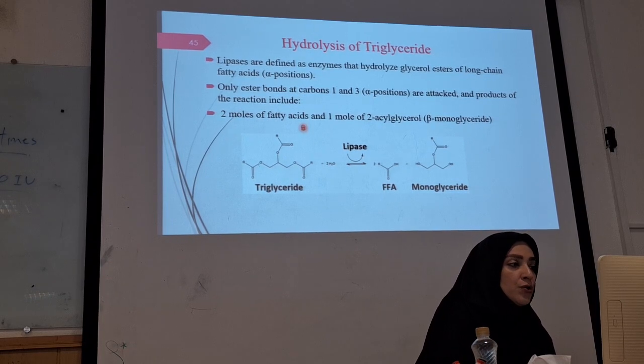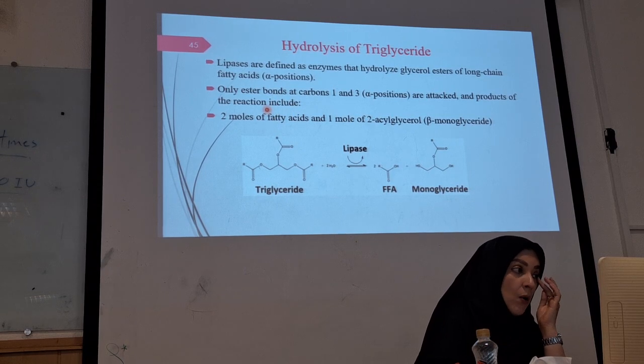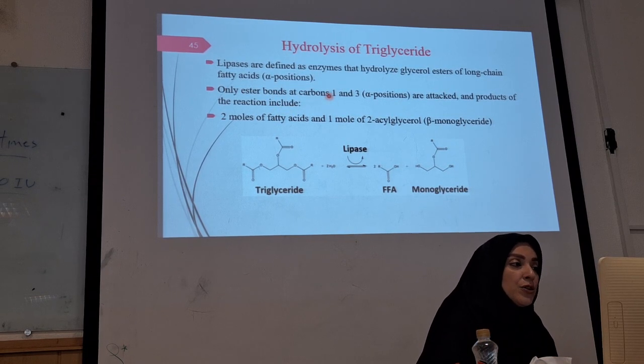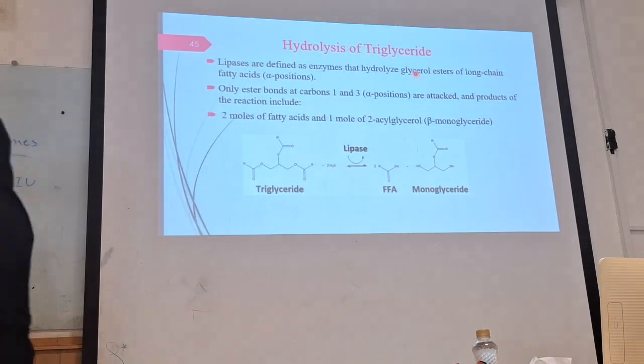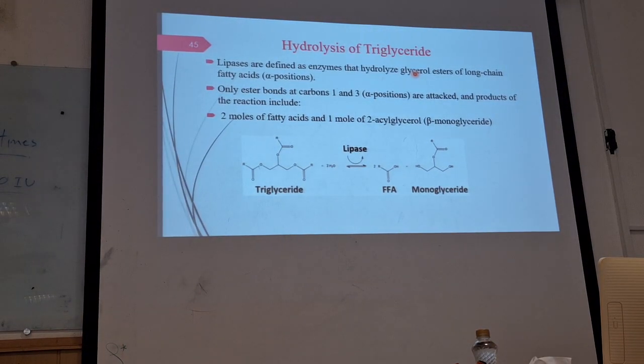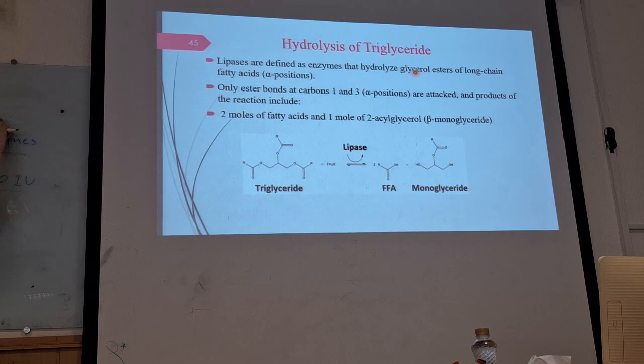And you should know that only ester bonds at carbon number 1 and 3 are attacked by this enzyme. Okay? So, for example, if I have this structure of triglyceride, this is the glycerol, fatty acid number 1, fatty acid number 2, and fatty acid number 3. It means that this enzyme digests the fatty acids at positions 1 and 3.